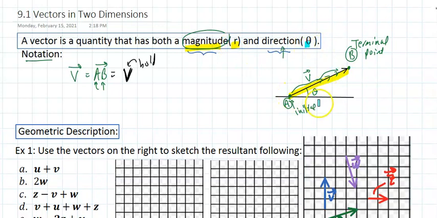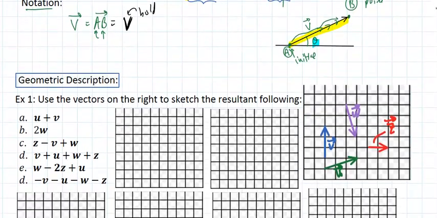And the direction of the vector, you're going to figure that out, that is theta. For now, we're going to talk about the geometric description. It's important for you to see this visually. Then we go algebraic, and at the end, we're going to tie together the magnitude of the vector and r, and the direction and theta.